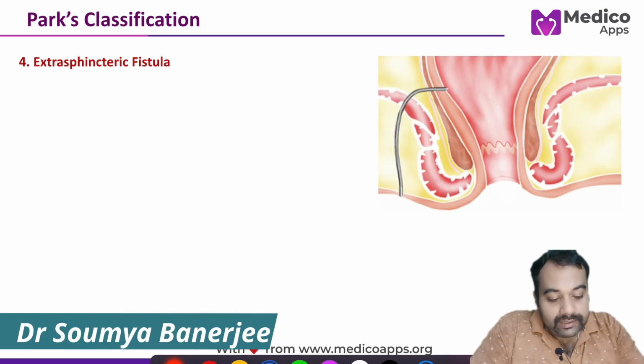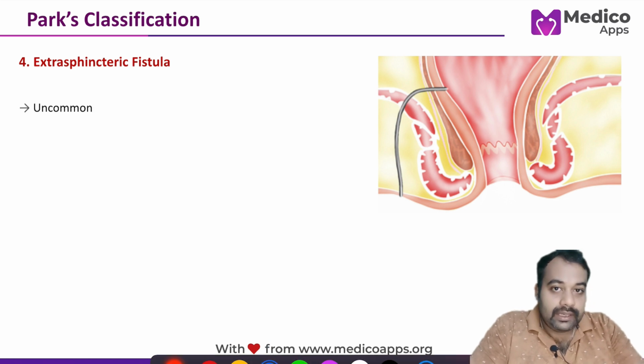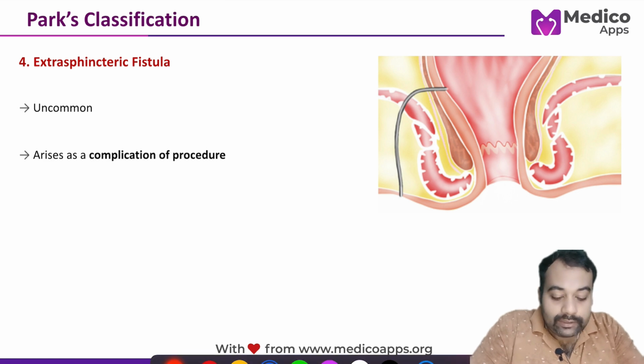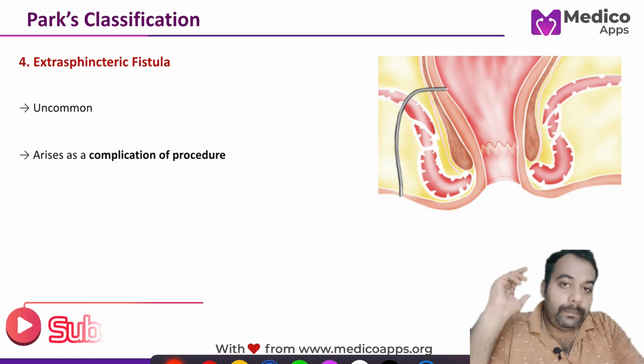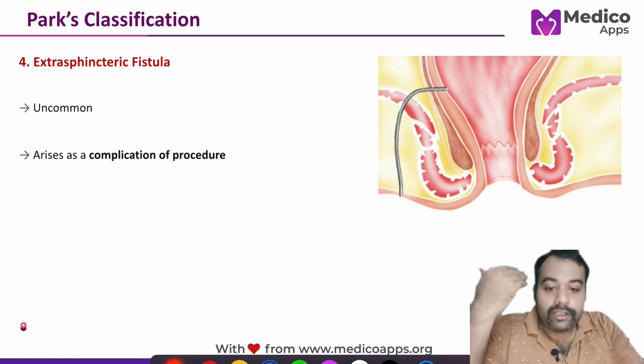Then there is the extrasphincteric fistula. You can easily see that. In the case of extrasphincteric, the connection is with the rectum. Okay, it's not properly with the anal canal. The internal opening is situated much higher than the anal canal.